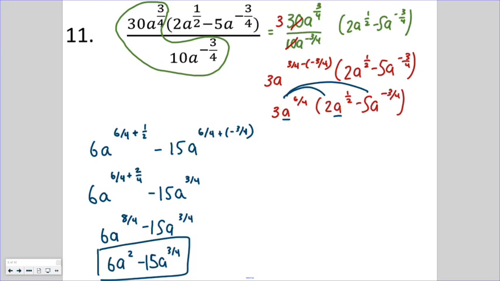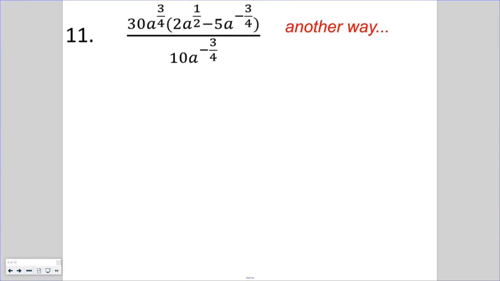I simplified the term on the outside in the numerator over the denominator and then distributed that into the set of parentheses. We could have approached number 11 a different way, a little bit more similarly to how we approached number 10. So the first thing is I'm going to distribute everything in the numerator, and then I will deal with the denominator last.